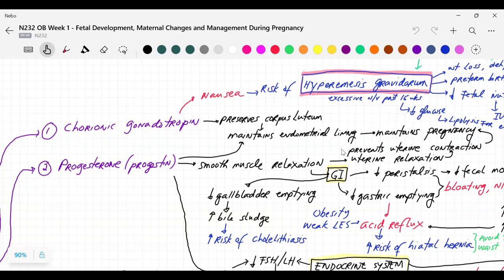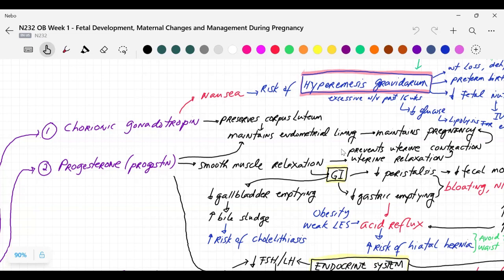If that lining sheds, the baby will die. Okay. If the endometrial lining is not intact, the fetus that is attached to it will shed away. So the mom will have a miscarriage. So it's very important that the HCG maintain the endometrial lining because that maintains pregnancy.